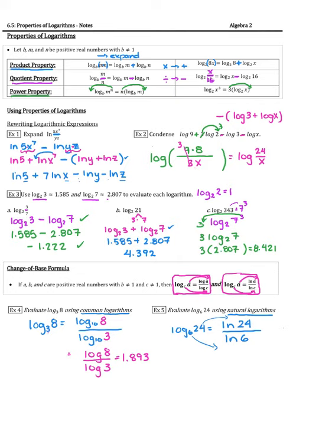And I could now go to my calculator and do the natural log of 24 divided by the natural log of 6, and that would give me 1.774. Now on the test or a quiz, I actually prefer this exact answer, because anybody can then just go to a calculator and hit numbers. So you are going to want to show the change of base, not just enter it in.